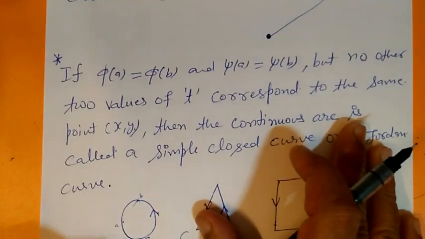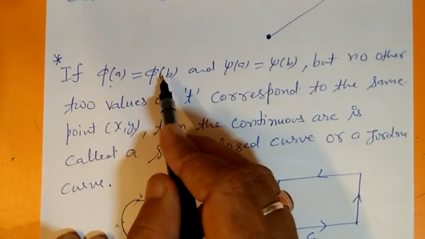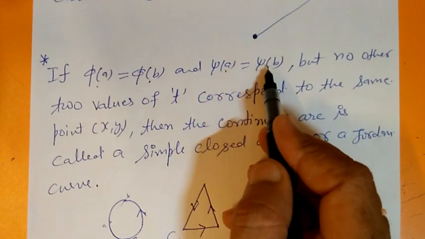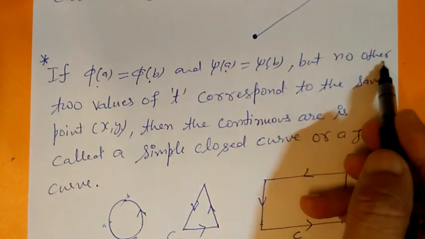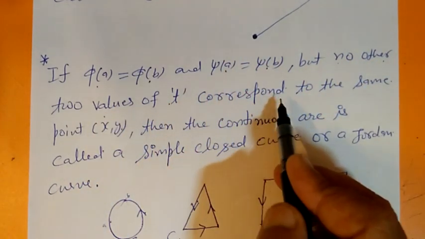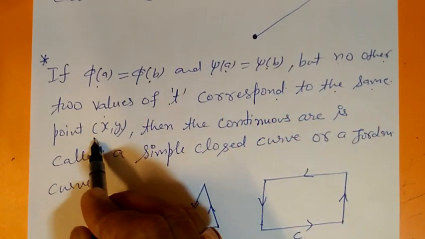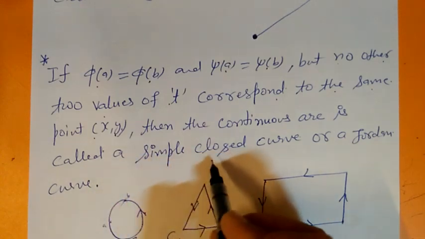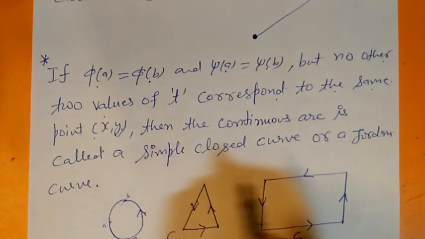Second one, if phi(a) is equal to phi(b) and psi(a) is equal to psi(b), but no other two values of t correspond to the same point (x, y), then the continuous arc is called a simple closed curve or a Jordan curve.